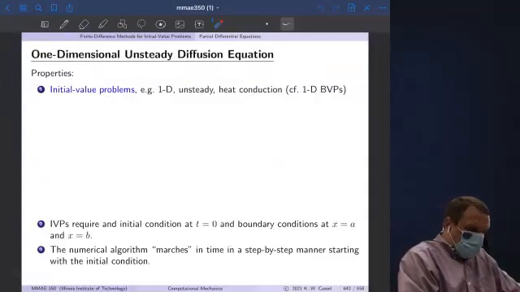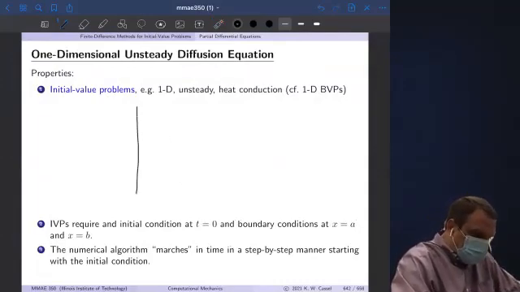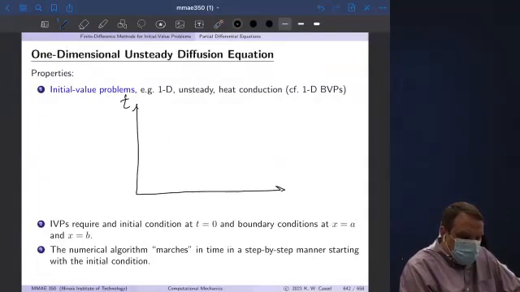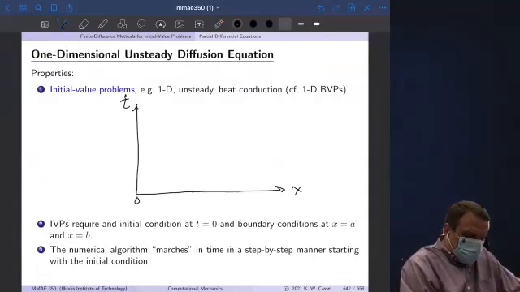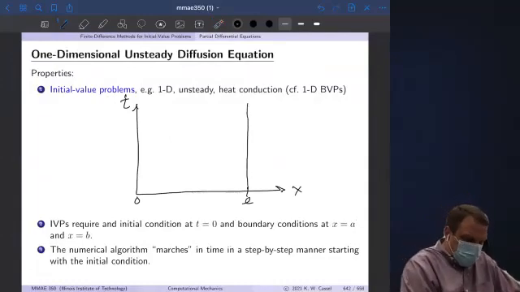Okay, so let's start with just thinking about some properties. These are initial value problems. That means they're evolving in time, but there is also a spatial component. So let's say that x goes from 0 to L. That will be my spatial domain, and then we march forward in time.